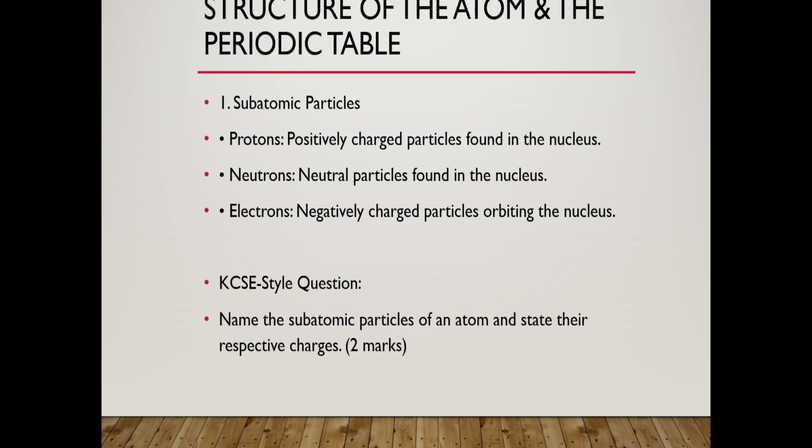Electrons, from electricity, are negatively charged particles orbiting the nucleus, and these particles are the reason why you get electricity most of the time, because without free mobile electrons, you might not get electricity.